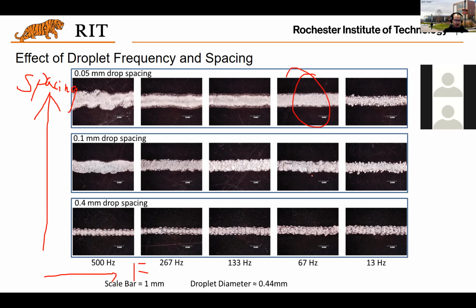For example, this one, probably this one, right, will be something you would consider. I would say this one is probably the best quality you could achieve by setting up a 0.05 millimeter spacing and 67 hertz as the droplet frequency, right?